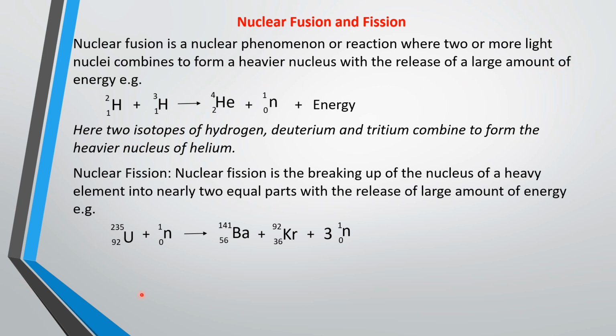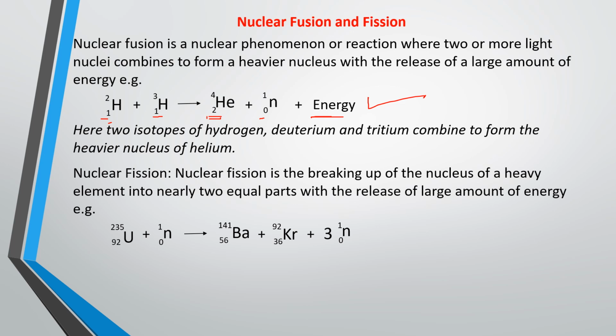In this example, you have two isotopes of hydrogen combining together. You have deuterium and tritium combining together to give you helium, which is an alpha particle, and it is heavier than these two light particles, with the release of a neutron and a large amount of energy. So this is an example of nuclear fusion, joining together.